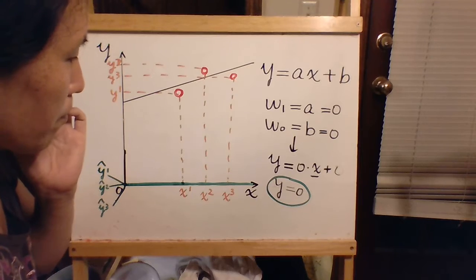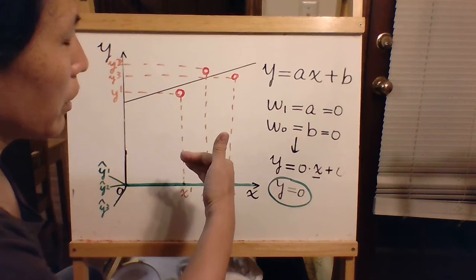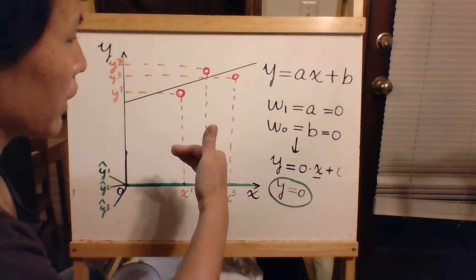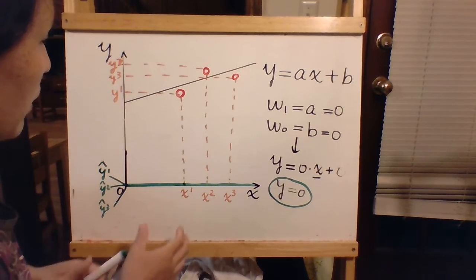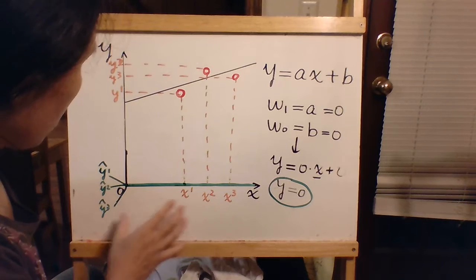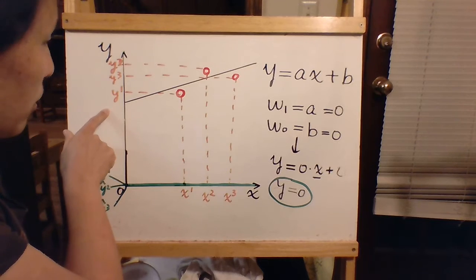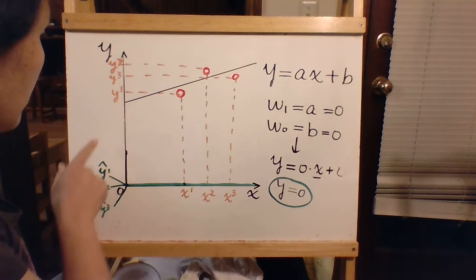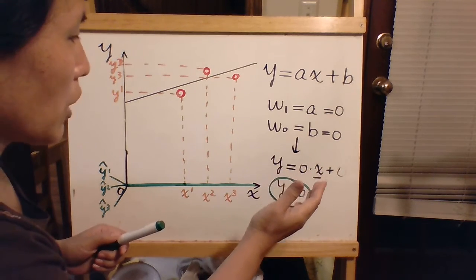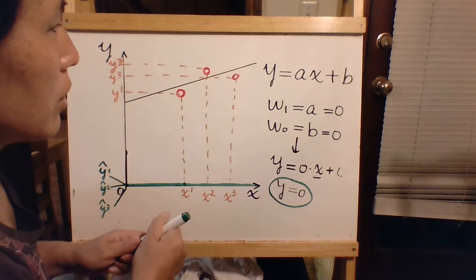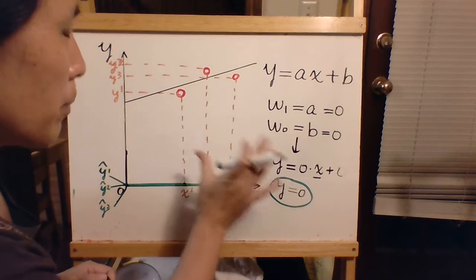So the machine decides that it wants to improve. How? It wants to know if it's way lower than the actual value, or way above the actual value. For the first round, all predicted values are sitting right below the actual values, which means they're smaller than the actual values. So what the machine wants to do is increase these two values so that y will become better.